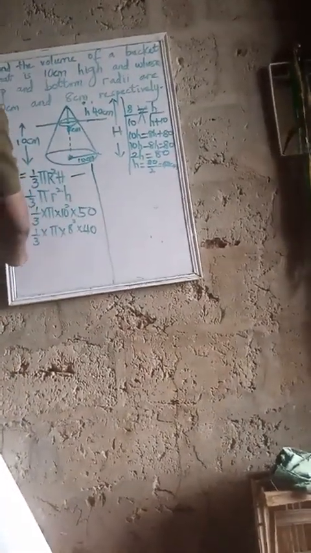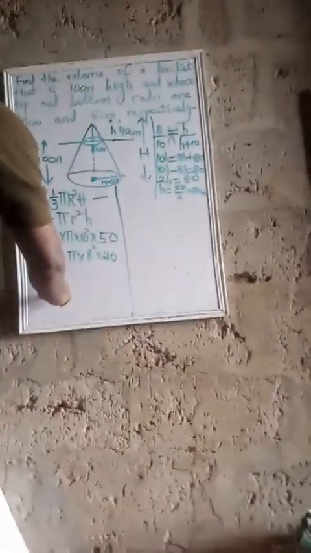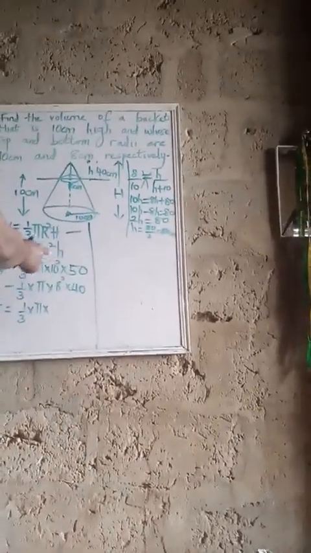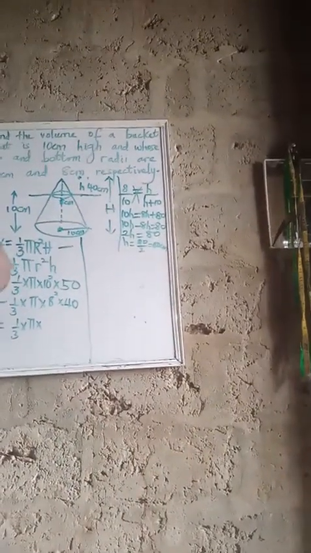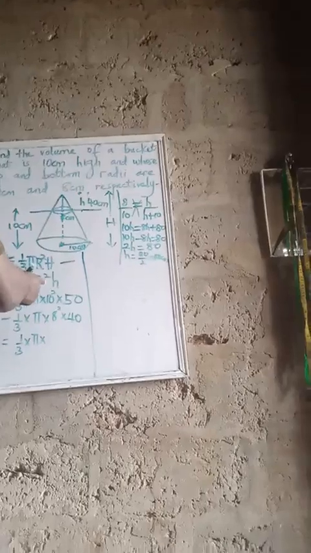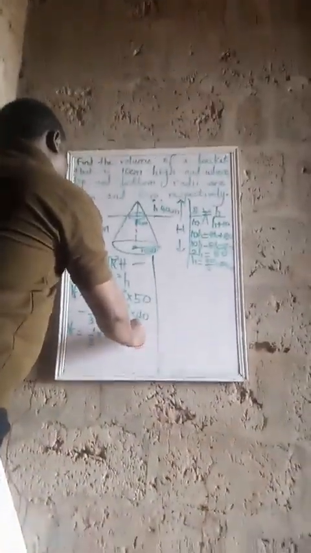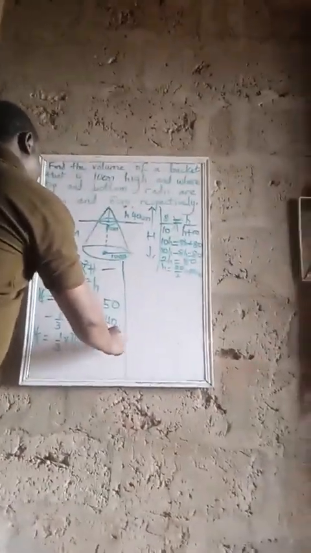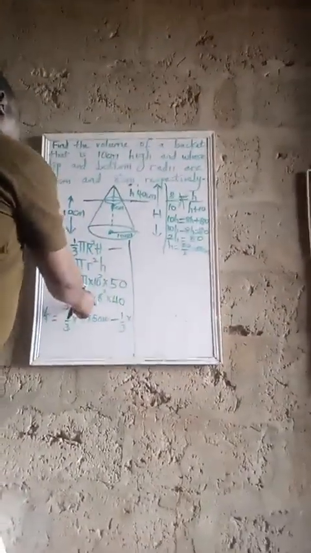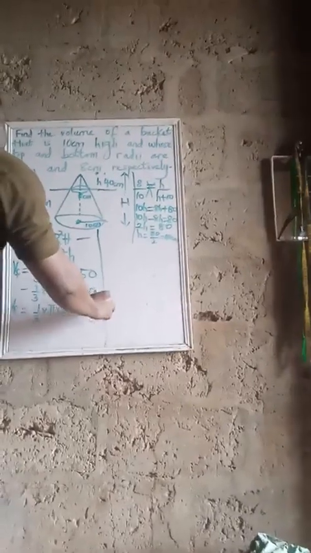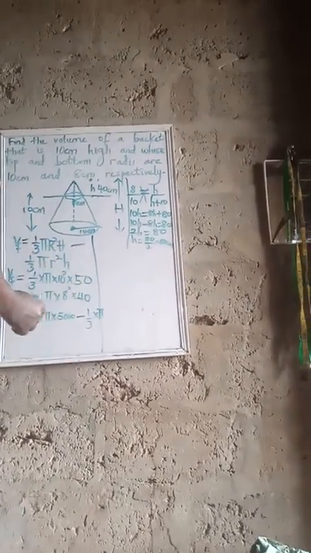So now the volume of the frustum is 1/3 times pi times 10 raised to power 2, which means 10 times 10, that is 100. Then 100 times 50, that is 5,000. Then minus 1/3 times pi times 8 square, which is 64.